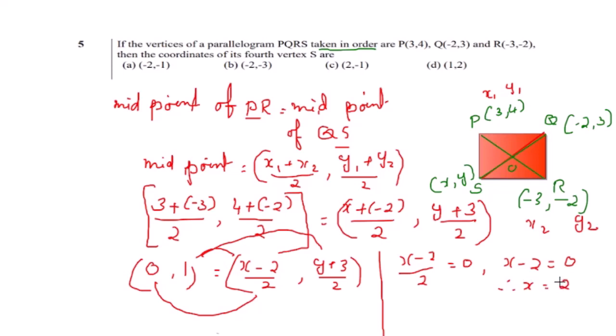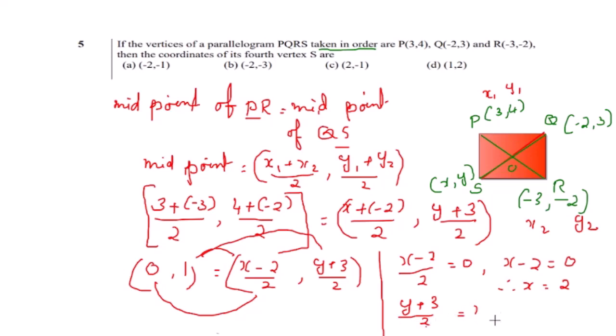So the x value is 2, that is positive 2. Now we will find y. That means 1 is equal to the y coordinate. We have to take both y coordinates. On the left hand side, the y coordinate is 1, and on the right hand side, the y coordinate is (y + 3)/2. So (y + 3)/2 is equal to 1.